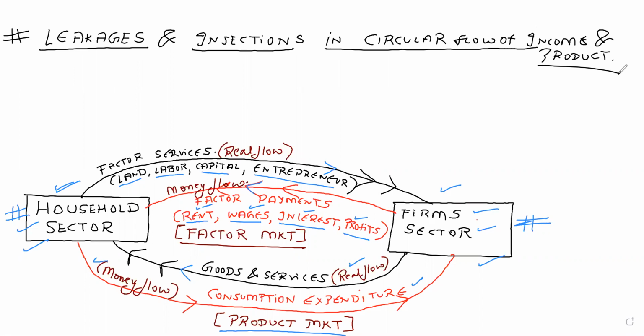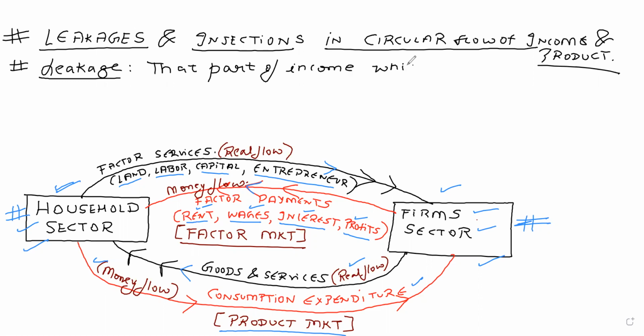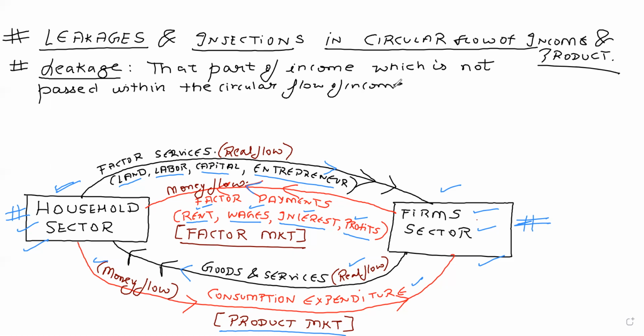So first, let's talk about what is meant by leakage. Leakage: that part of income which is not passed within the circular flow of income is called a leakage.